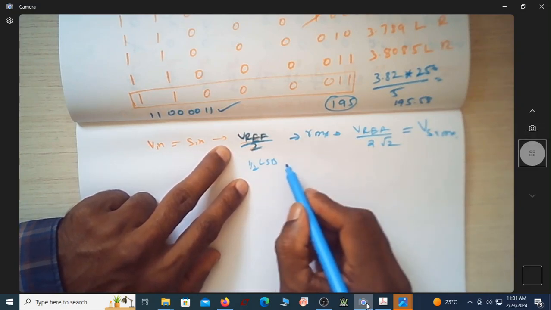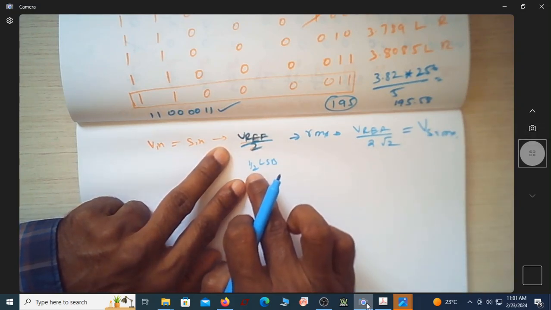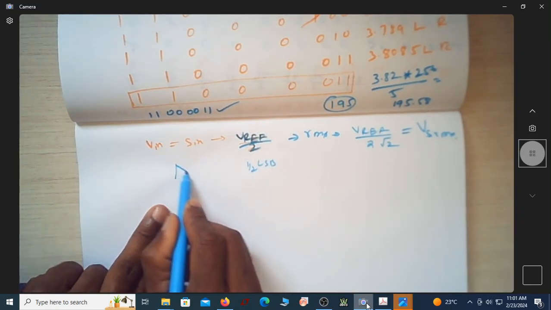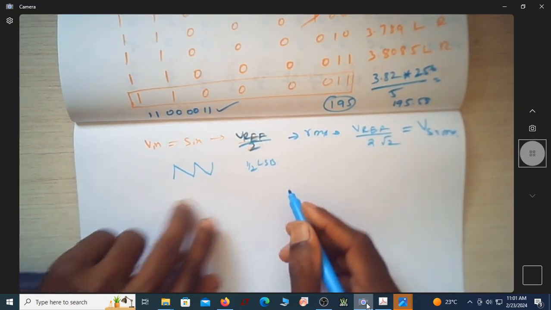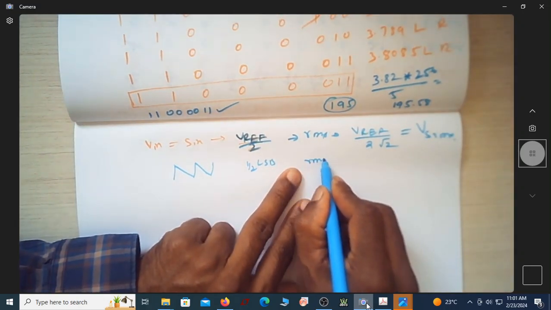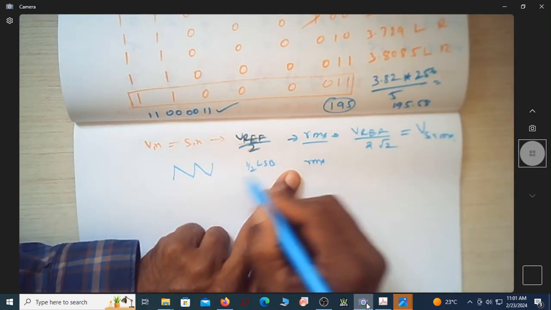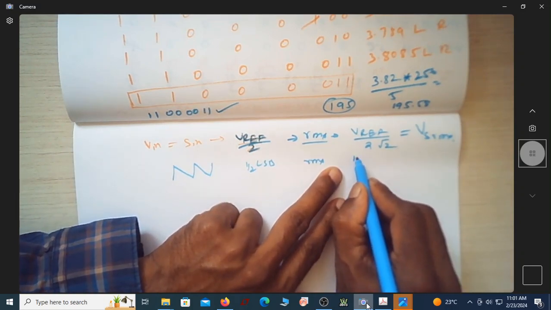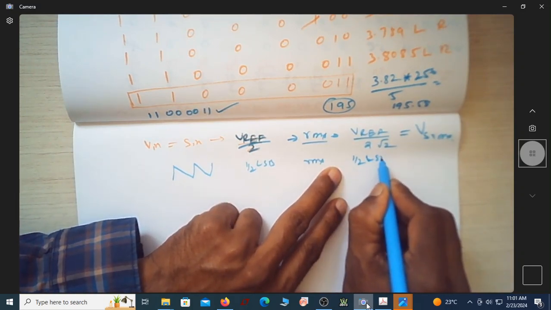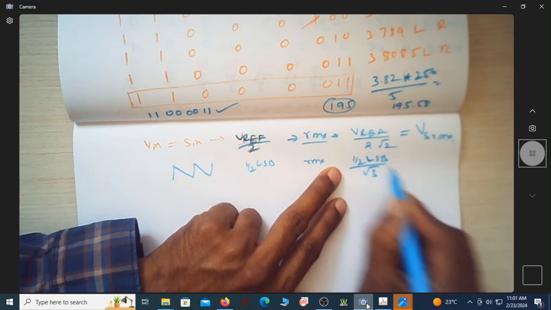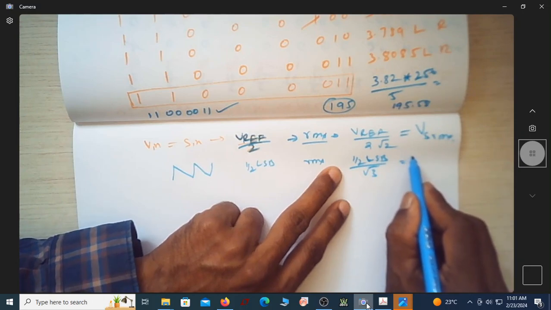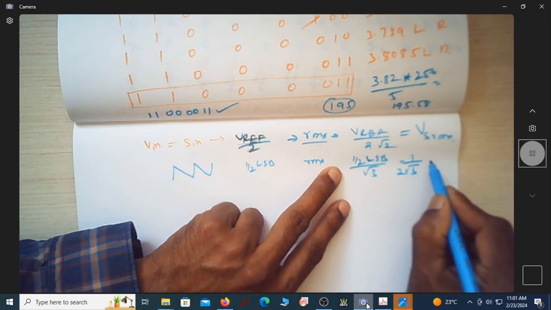So what is the RMS of a sawtooth waveform having a peak of half LSB? This is the RMS of a sine wave, and this is the RMS of a sawtooth waveform. So the peak is 1 LSB by 2 root 3.